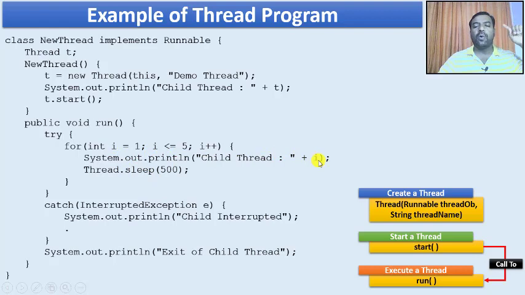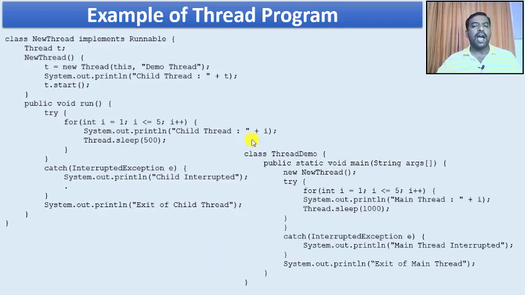I'll be printing the values 1 to 5, and as soon as I print the first value, the thread will go to sleep for 500 milliseconds, that is 0.5 seconds. Clear? And we are going to have exception handling. When the thread is interrupted, I am going to print this message, and at the end I am going to say exit of the child thread. Once this loop is completed, if there is no exception, the control should come and say exit of the child thread. So this is what I am going to use in the class NewThread.